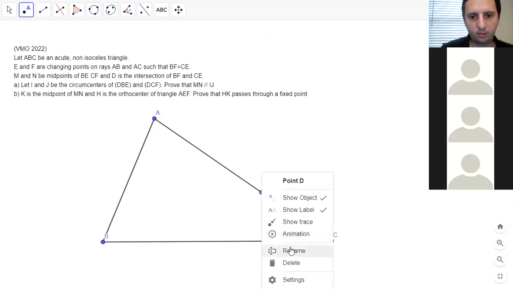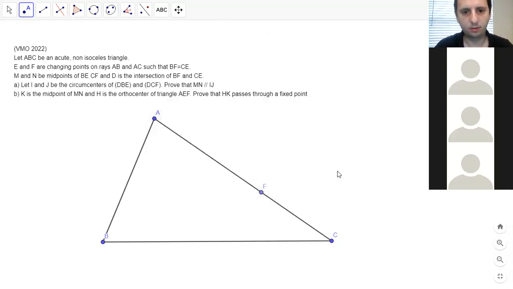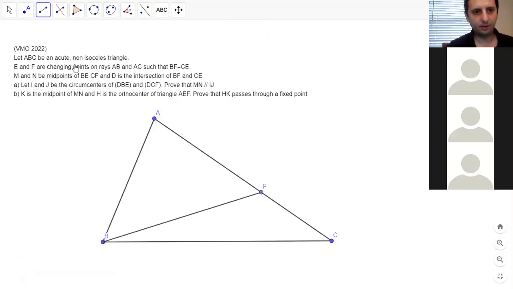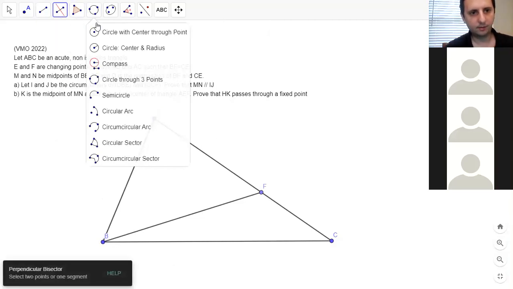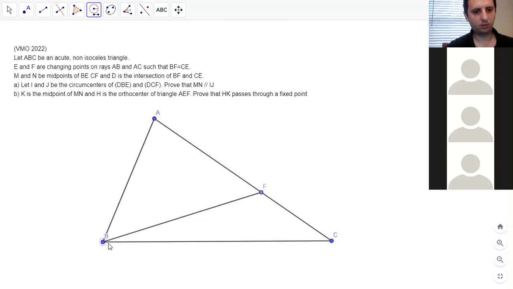Wait, I'm sorry, so F lies on AC. Oh, okay, you're right, sorry, I got too excited. So BF is equal to CE. I don't know if I've seen a problem like this before. It's interesting.